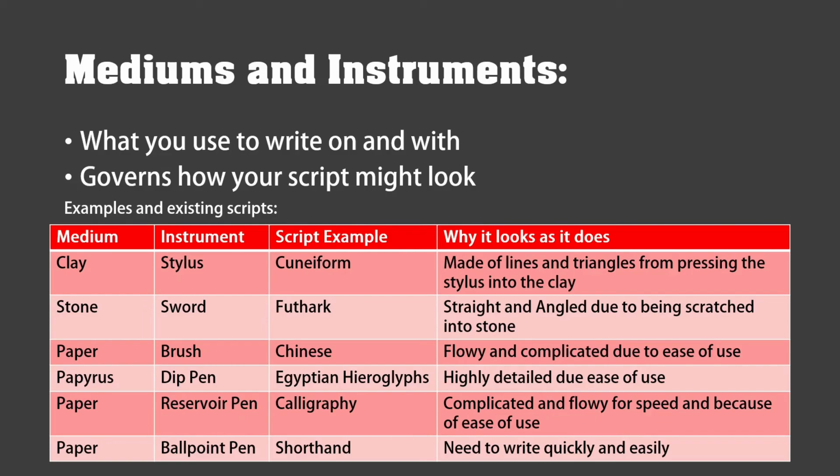Just look up how they look. I'm sure you'll probably recognize most of them, if not all of them, and you'll be able to quite quickly understand why they look that way. And that will quite heavily govern what your script will look like, because you're not going to have quite a flowy script when you're writing with a sword on stone, because that's not going to work.